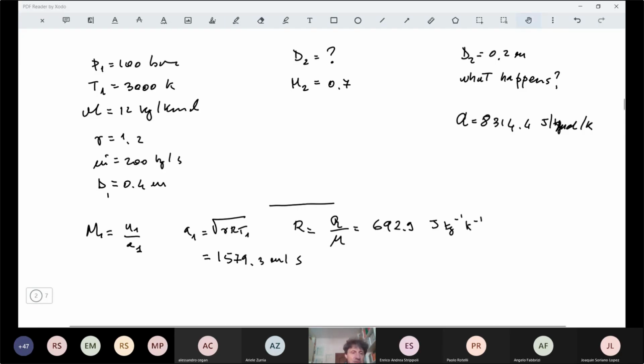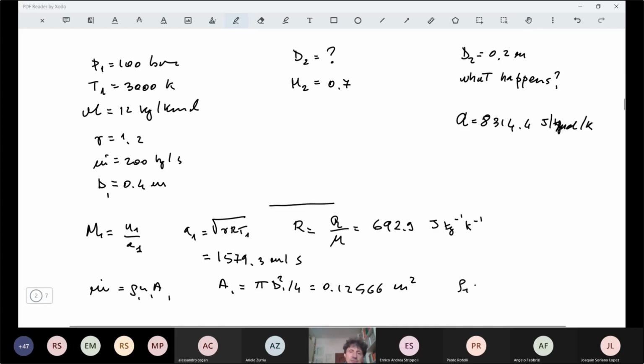We need U, so dot M is rho U A, A is pi D squared over 4, and this is 0.12566 square meter.